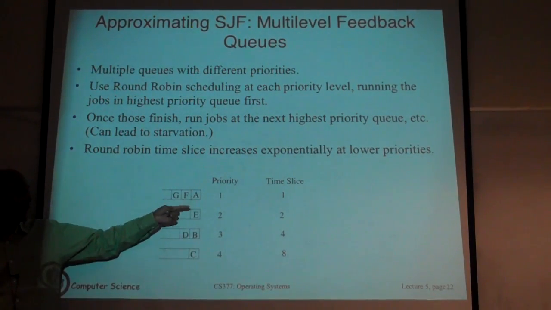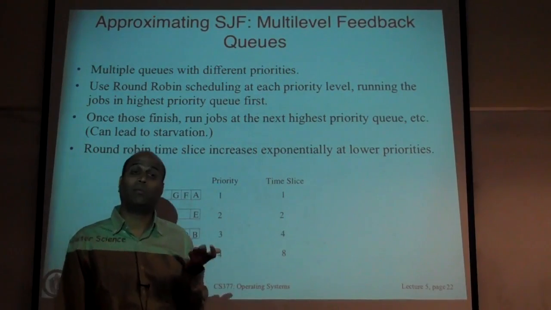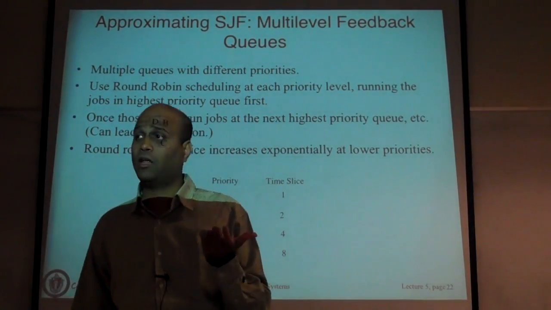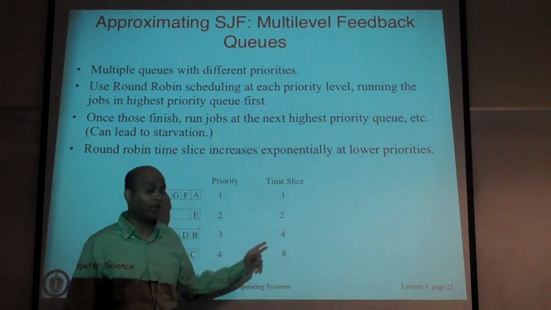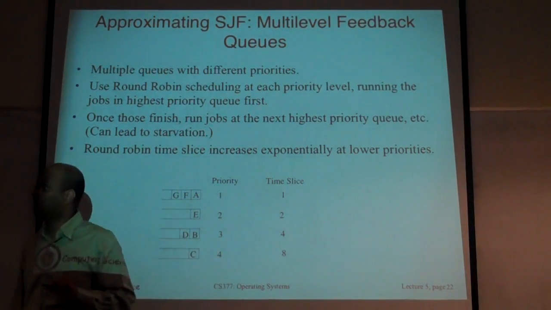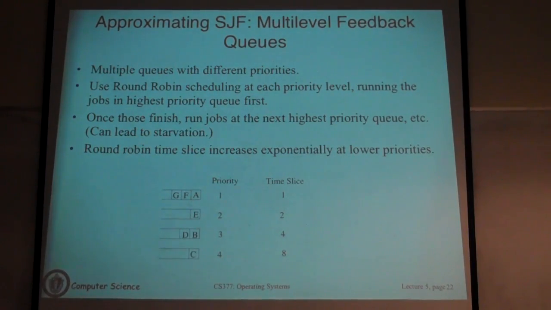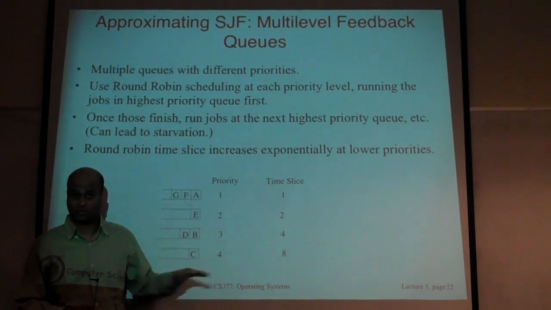What that also says is that at higher priority levels you get smaller time slices, and at lower priority levels you get longer time slices. Why that is the case will become clear. For now, just assume that it is. Second aspect: time slices increase as priorities drop, as you go down.